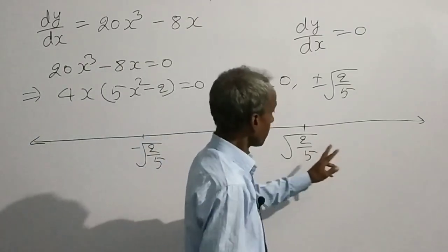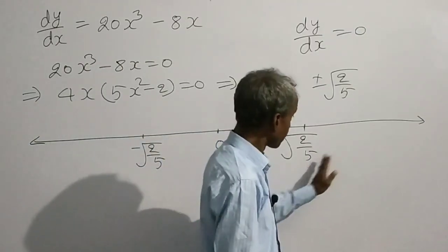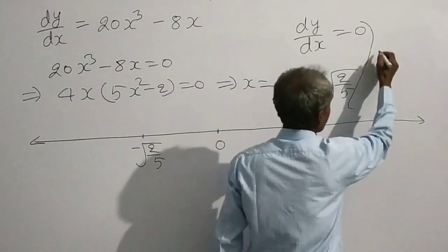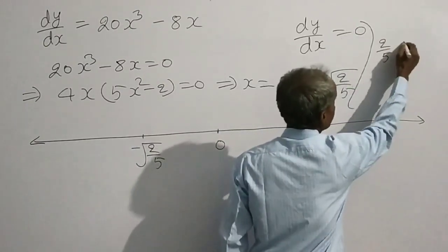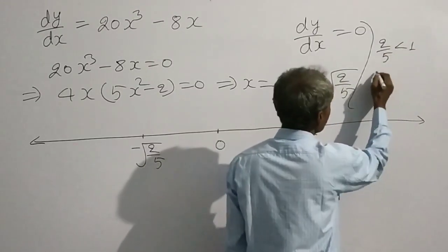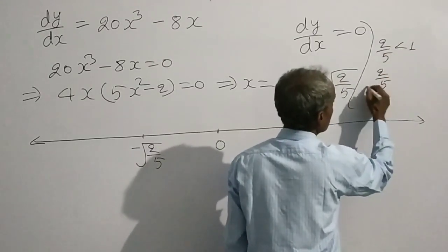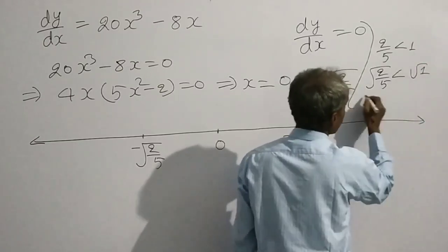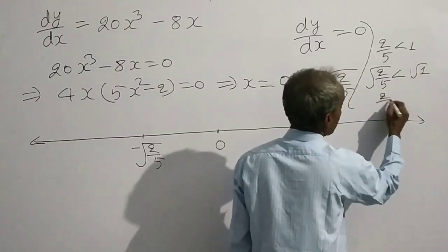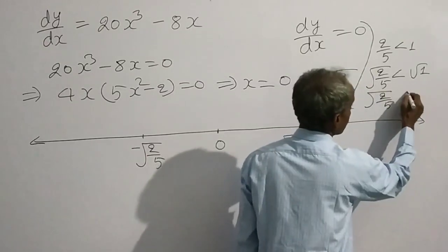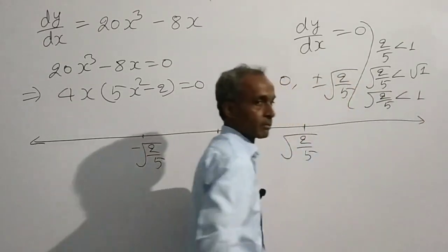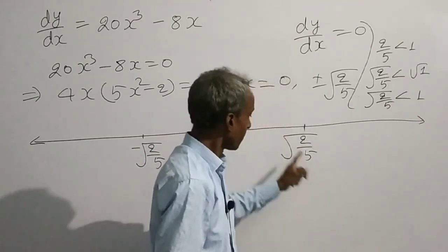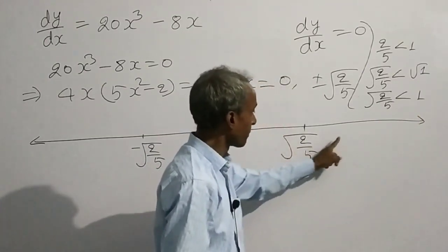1 is greater than this number. Why? Because 2 by 5 is less than 1. Therefore, root of 2 by 5 will be less than root of 1. That means root of 2 by 5 will be less than 1. That means 1 is on the right hand side of this root of 2 by 5.